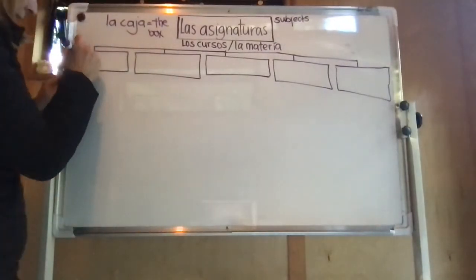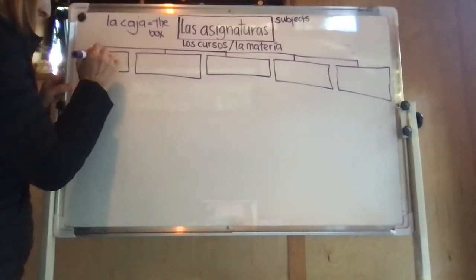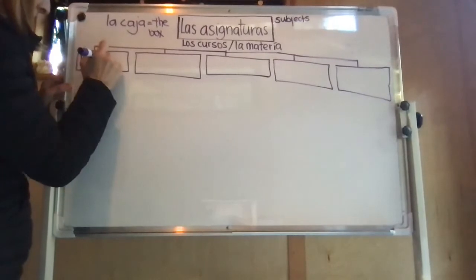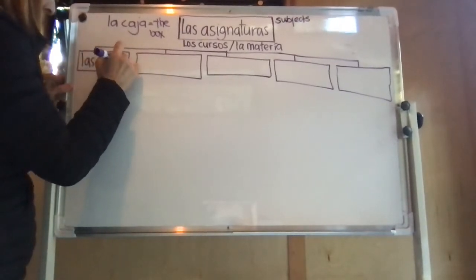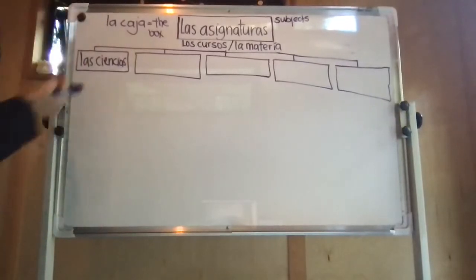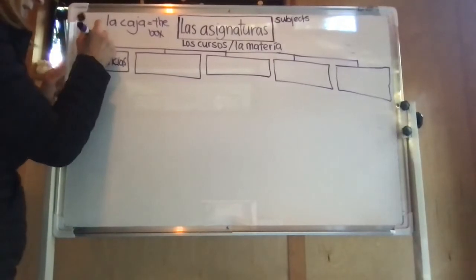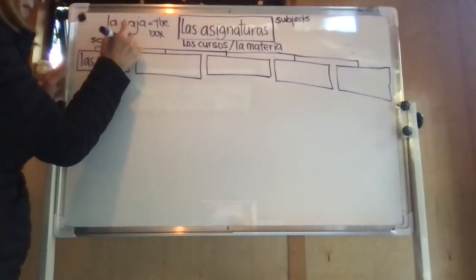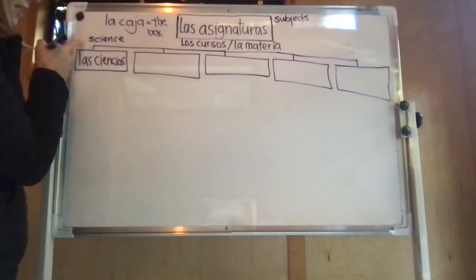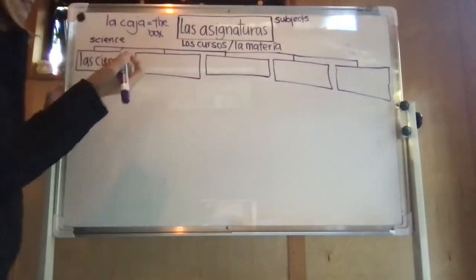So the first one here, I'm going to put las ciencias. Ciencias. This is a cognate. What does las ciencias look like? The sciences, okay? In English, science is spelled like this. So if I took the S away and started with my C, cien, and then cias, okay?